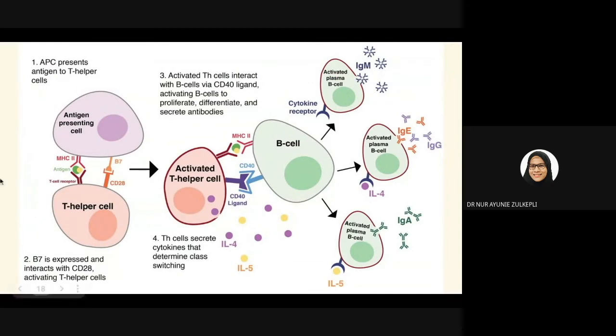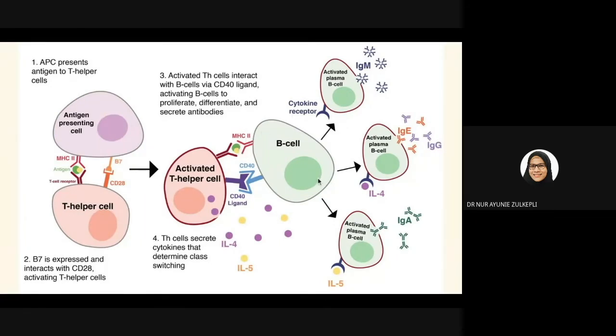So I put the complete illustration here. This is the antigen presenting cell with the MHC antigen complex on its surface, recognized by the T helper cells, which become activated. They further recognize, or cross-link with, the B cell expressing MHC class 2 with peptide antigens on its surface.